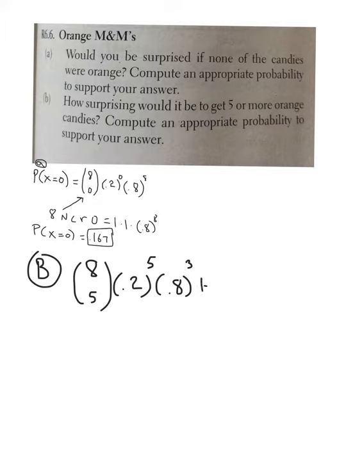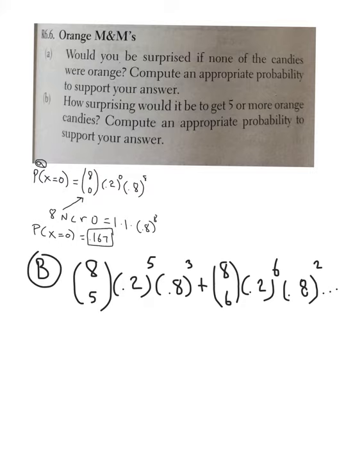And we're going to do this again, except this time we got 6 orange candies. So 8 choose 6, and 0.2 times that, we got 6 orange candies, and then 2 that were not orange, like that. And I'm going to go dot, dot, dot to 8 choose 8, right?